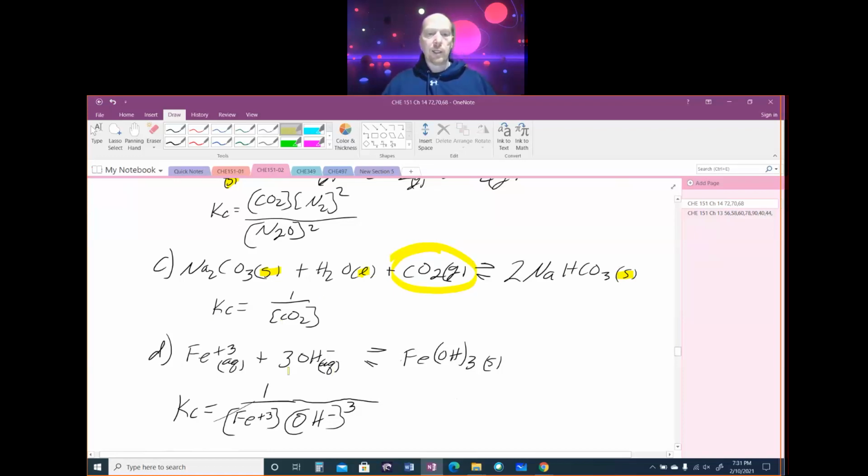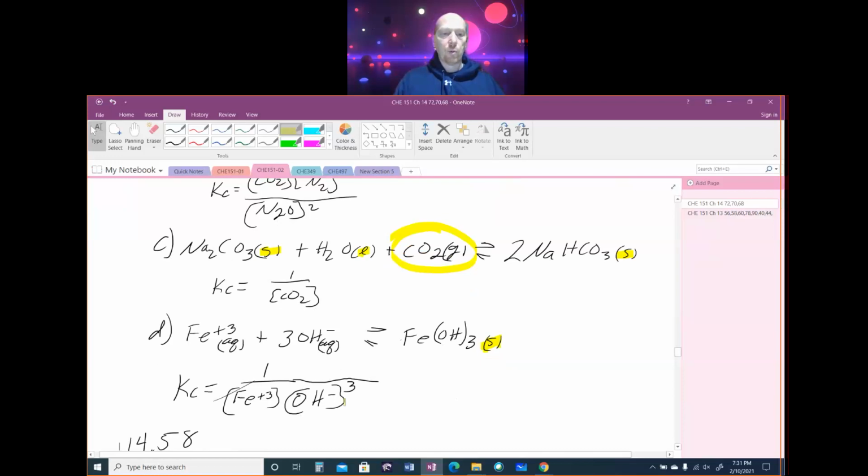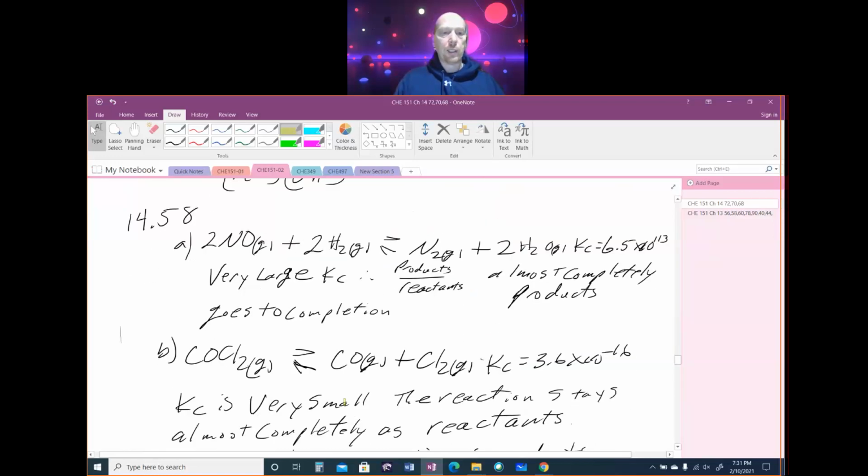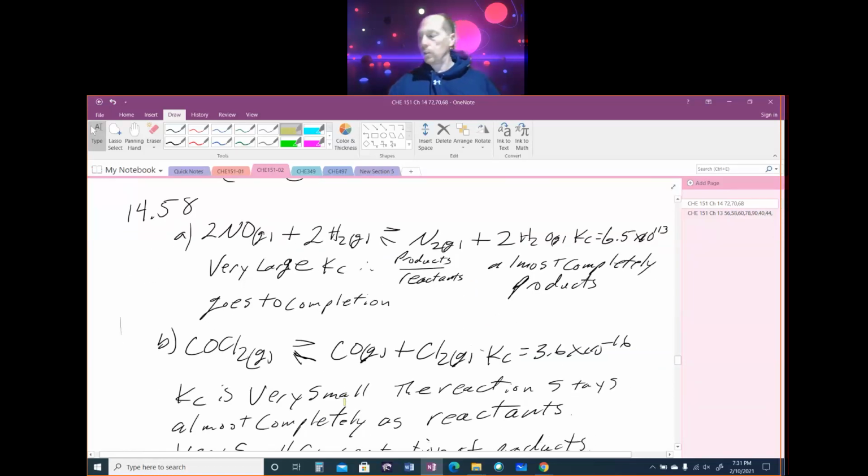All right, and then here, aqueous does go in, solids do not go in, and so there's no product, so you put the 1, concentration of Fe3+, concentration of OH- raised to the 3rd. So make sure you know to not include any solids or liquids in your Kc expression.